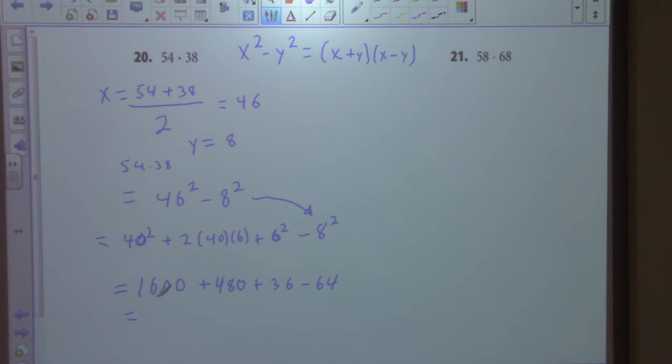So what is that going to be, 2080, minus 36... 2080, and then these combined would be minus 28? Hold on. Well, I give up. 32.